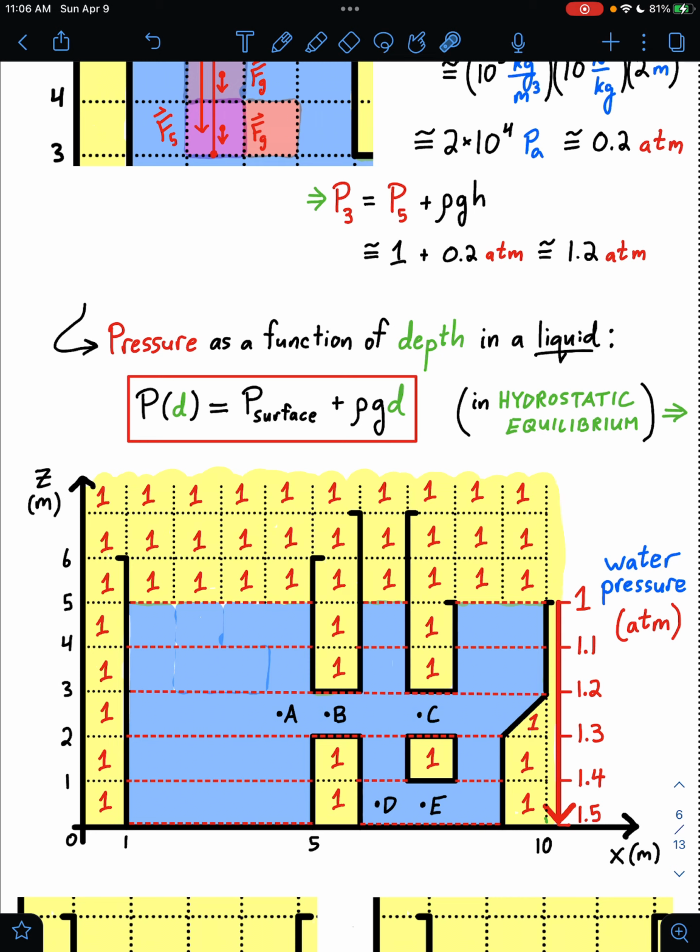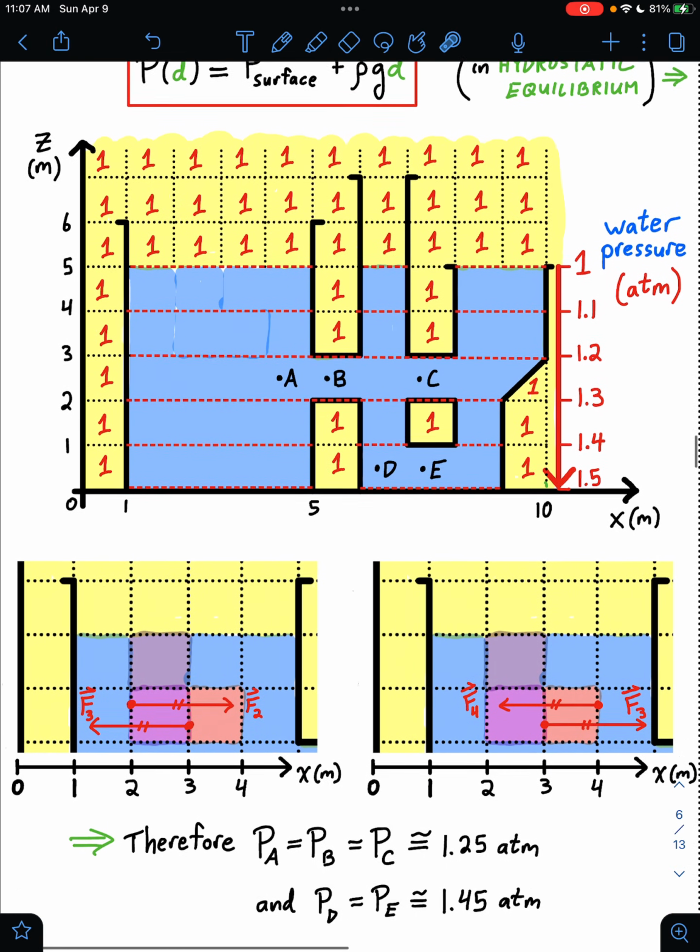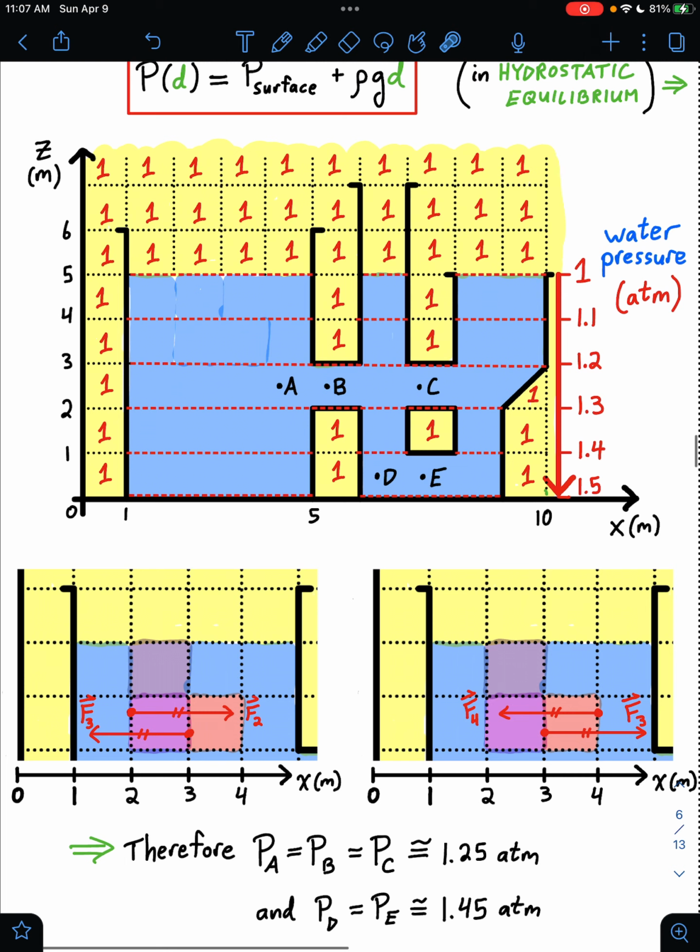What about these points like B, C, and E, which are inside these tubes that don't have gas directly above them? I want to make a quick argument about the pressures at those locations. So back to the 3 specific fluid elements from before. Now here I have a horizontal axis, x in meters.